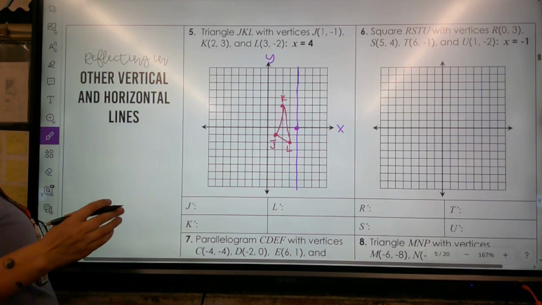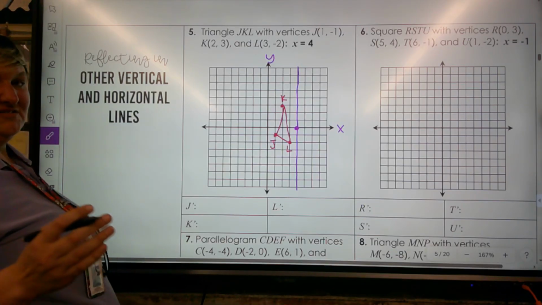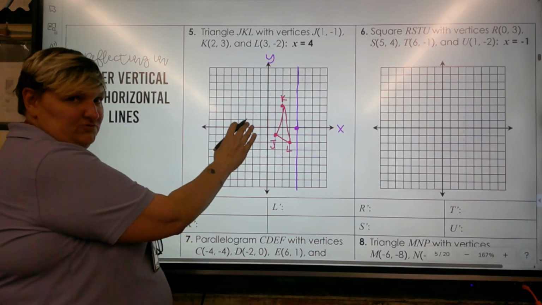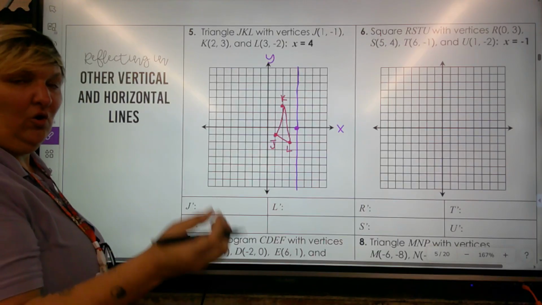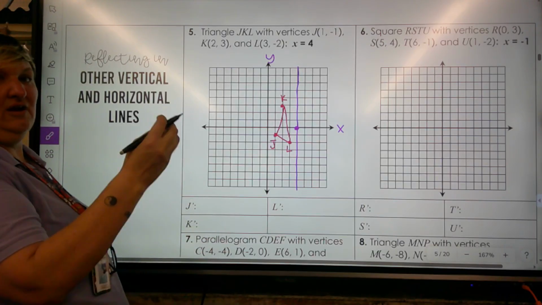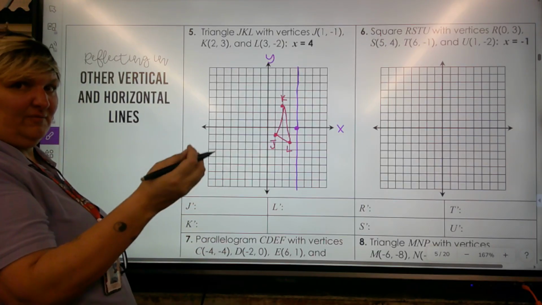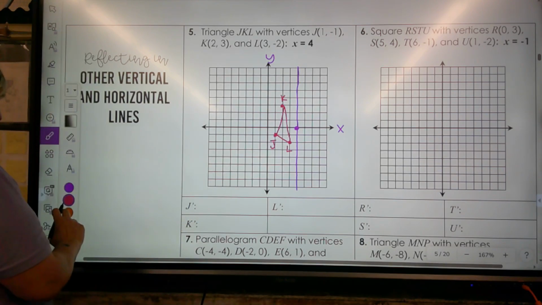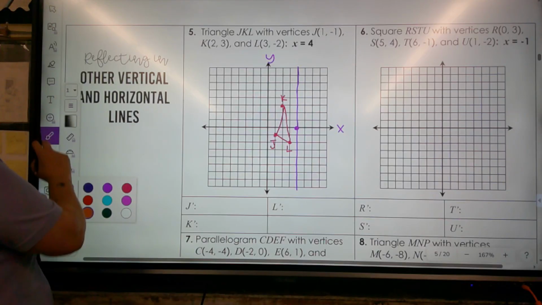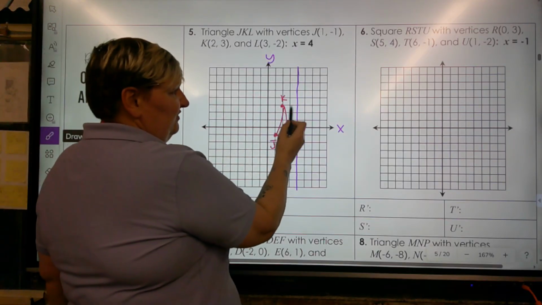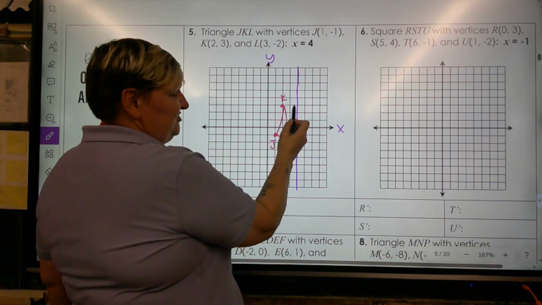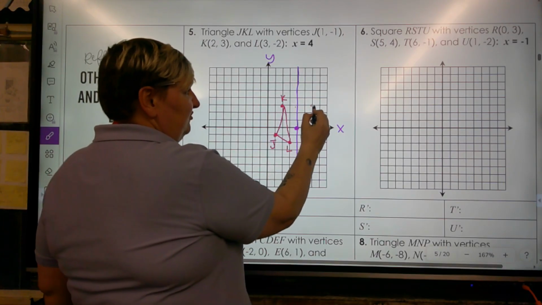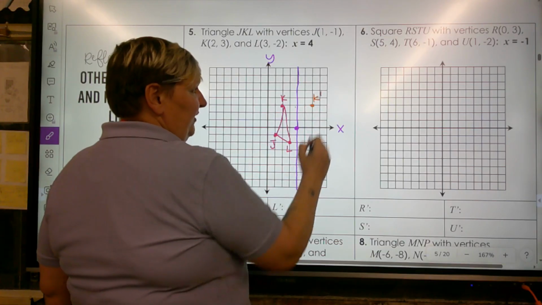Right? There are a couple of different ways you can do this. Sometimes it's easier to use the visual, right? Because we know that a reflection has to be equidistant from the line of reflection, you can just ask yourself, how far is K from the line of reflection? It's 2 spaces. That means I need to go 2 spaces the other direction for K prime.